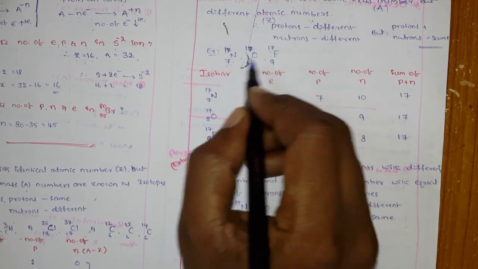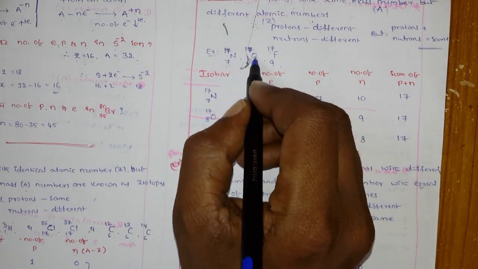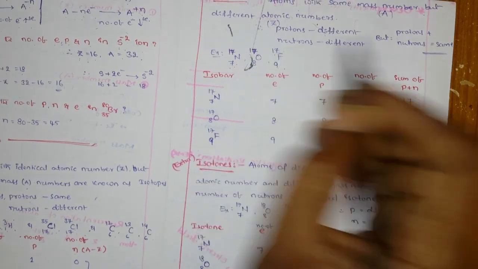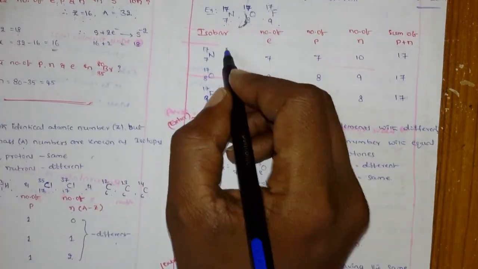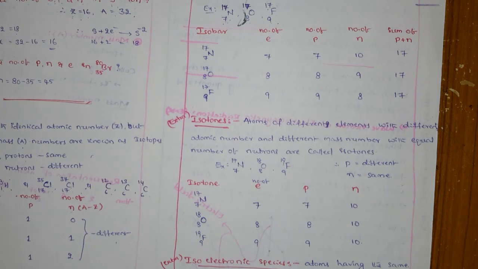The mass number is the same, but the atomic numbers are different. Don't worry about the symbol. These you call isobars.